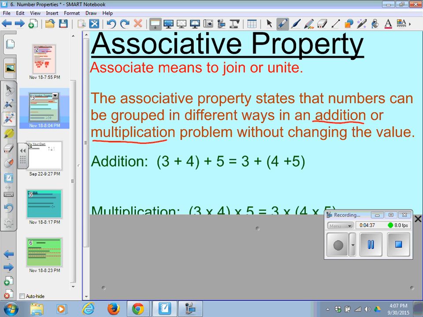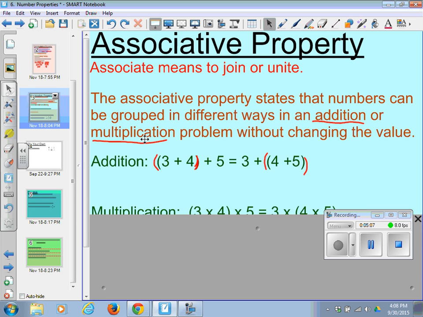For example, in this problem, we're grouping our 3 plus 4 plus 5. We can also group our 4 plus 5. So here, we're grouping these two. But since this is all addition, we can use our associative property and we can associate two different numbers.